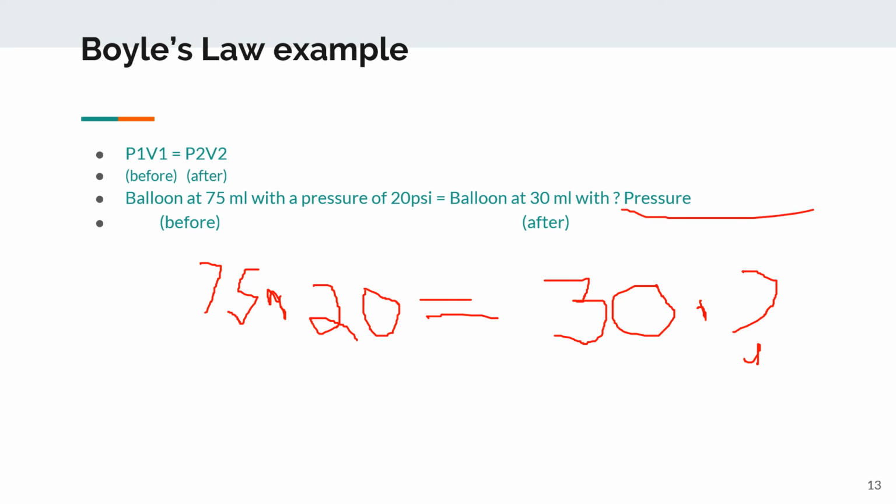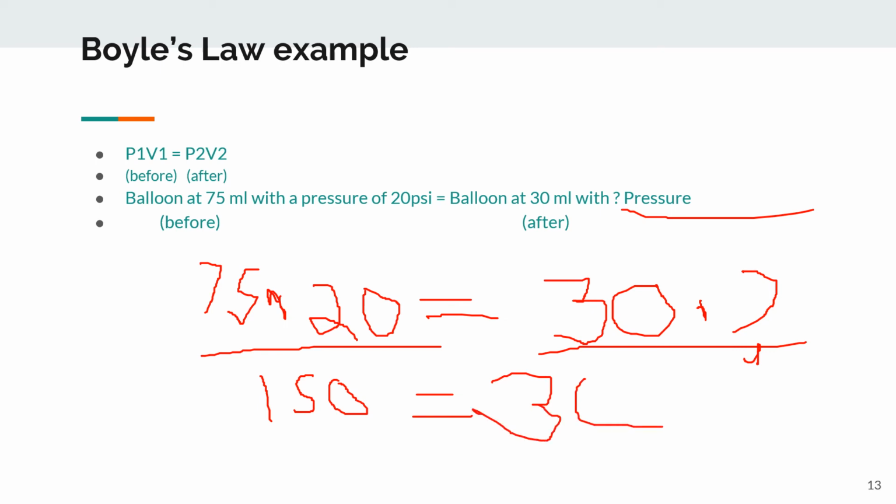So this is mils, this is psi, we have mils over here, so we're looking for psi. So we're going to figure out what we have to do to isolate. We know that this is 1500. I have to kind of do this in my head, so sometimes I have to remember to figure it out a little bit slower.